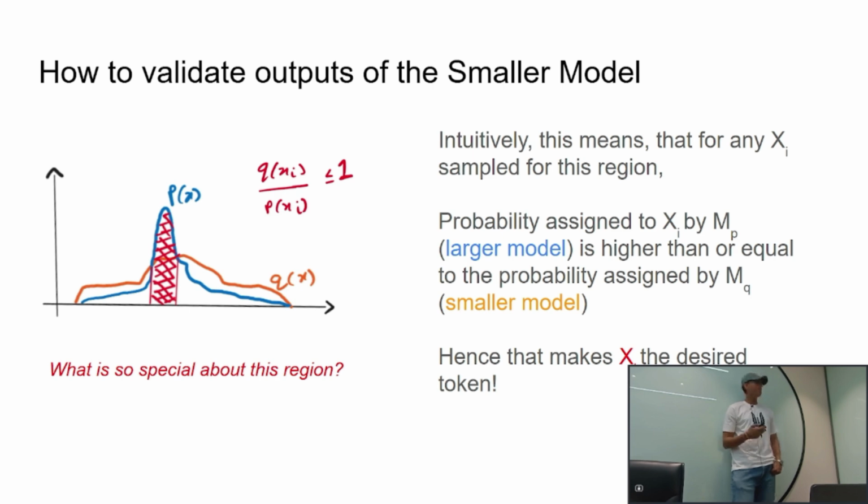Why does this work? If a token is assigned a higher probability by the larger model as compared to the one assigned by the smaller model, then by default it means that the larger model says that this is the correct token. Okay, does anybody have any doubt in this?